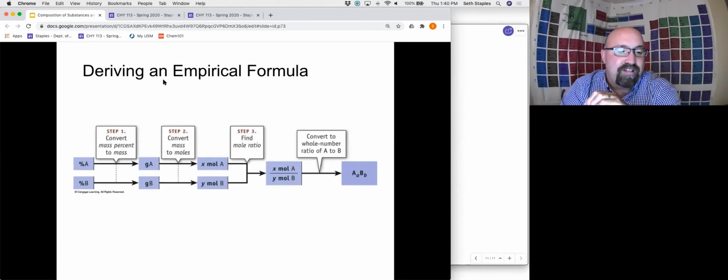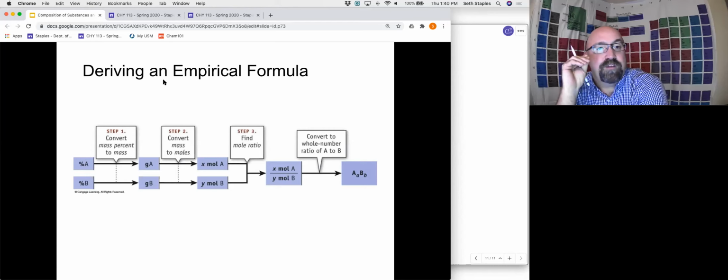And so if there's an element that, for instance, is 63% by mass of this compound, then we just convert that 63% to 63 grams. Our next step is to convert that number of mass to moles by using the molar mass. And so we're going to convert to the number of moles for each element in there.